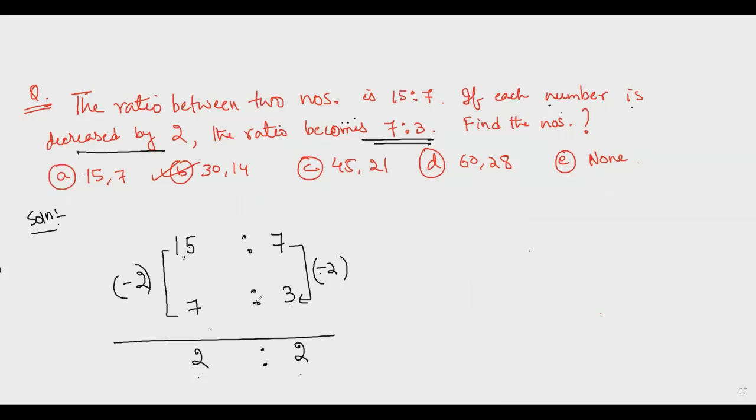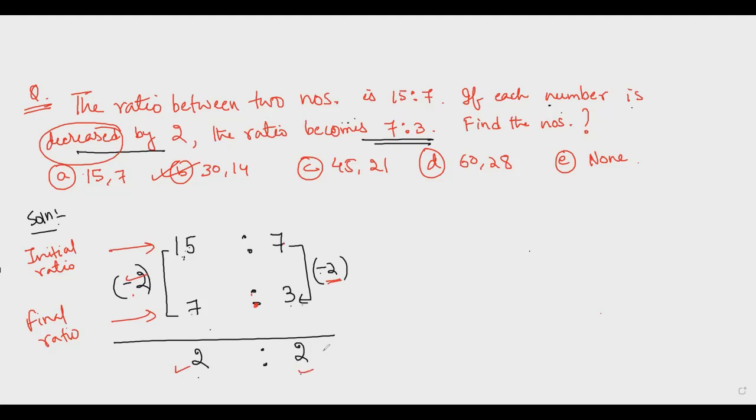Okay, what we have to do, see this is the initial ratio and this is the final ratio. You know 15 to 7, the difference decreases by 2, here 2. Then here also the decrease is 2. So the difference is 1.